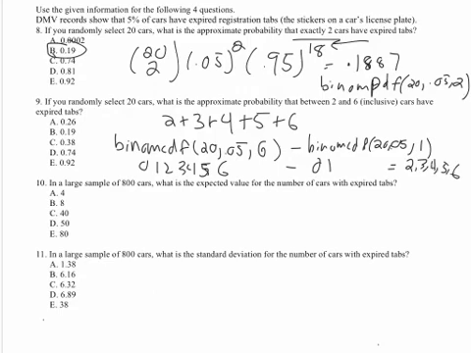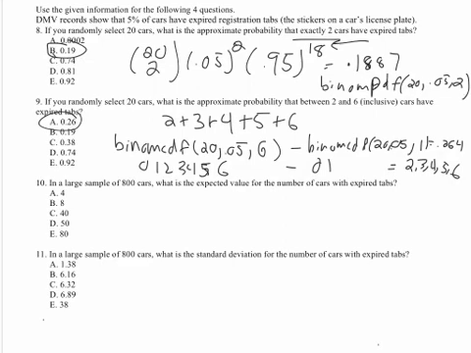And if we type that in, binom CDF 20, comma, 0.05, comma, 6, don't forget to close the parentheses, then minus a binom CDF 20, comma, 0.05, comma, 1. That leaves me with 0.264, falling off the screen here. Which would be A.